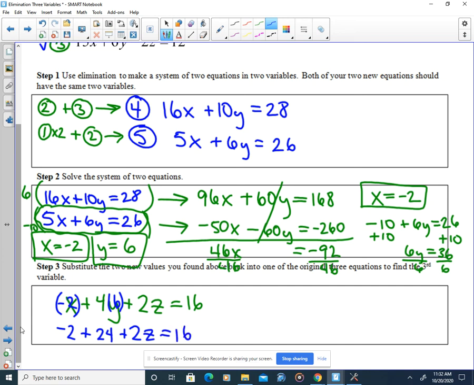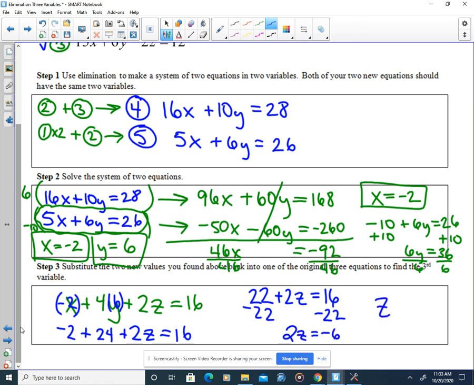So now we have 22 plus 2z equals 16. So let's subtract 22 from both sides. So 16 minus 22 is -6. So we got 2z equals -6.